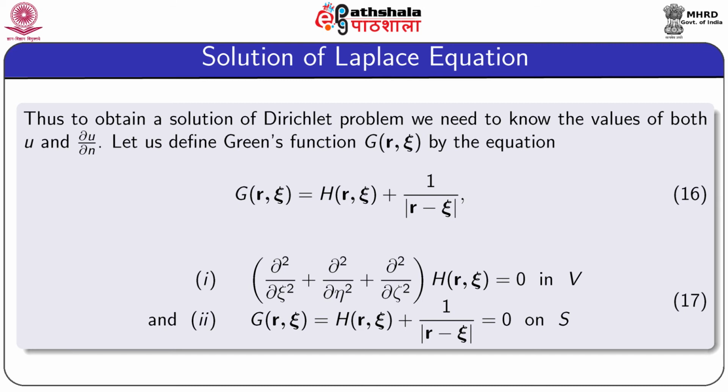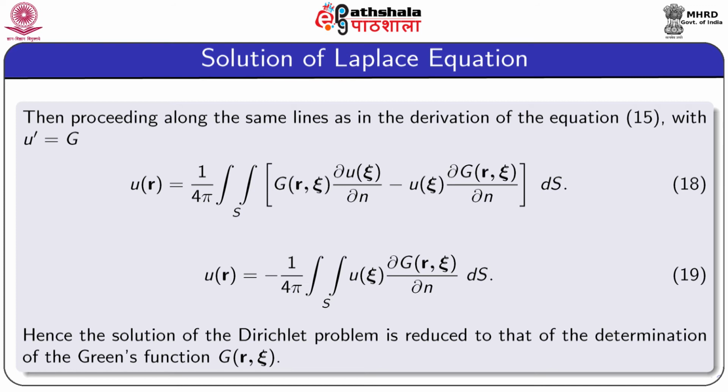That means H will satisfy the Laplace equation, del 2 by del xi square plus del 2 by del eta square plus del 2 by del zeta square operating on H equals 0 on V. And we also assume that G is such that the value of G equals 0 on the surface S. If G satisfies this condition, the function G is called Green's function.